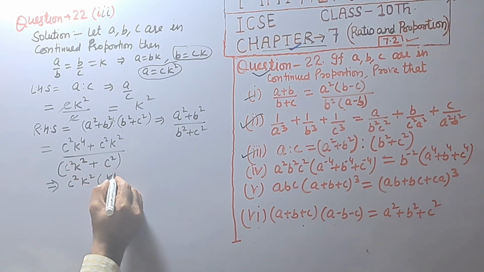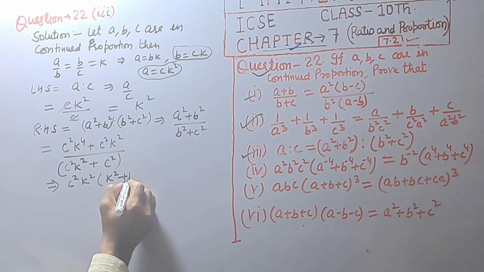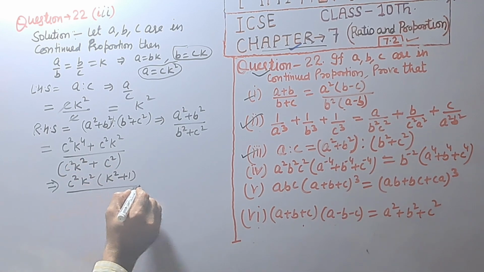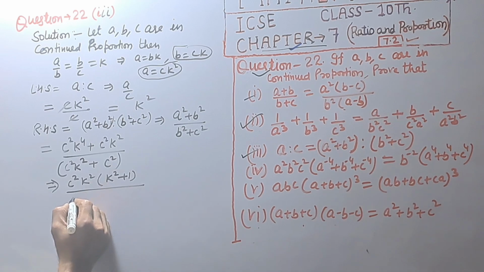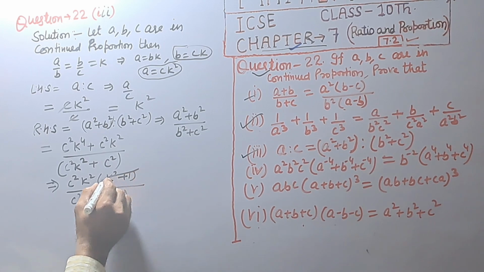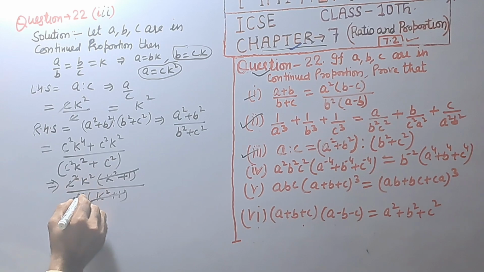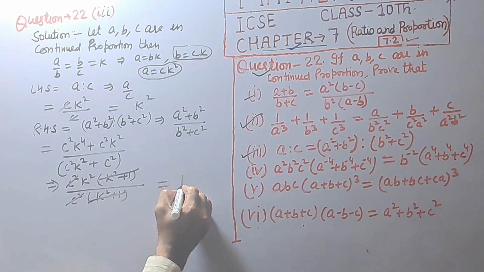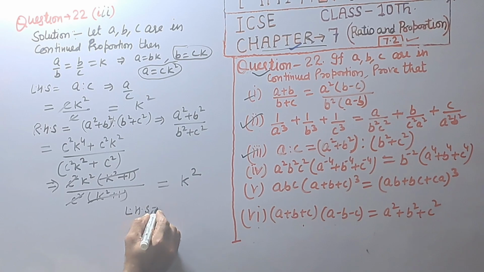In bracket we get k raised to power 2 plus 1 and divided by c square is common, k raised to power 2 plus 1 in bracket. This is cancel, c square is cancel and we get k raised to power 2. Left hand side is equal to right hand side.